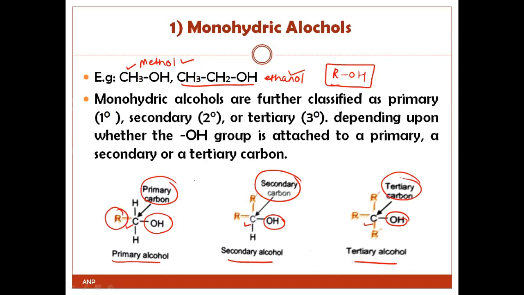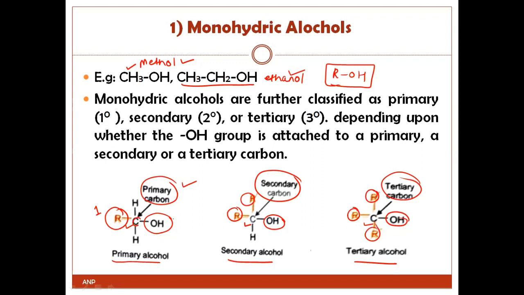Primary carbon atom means this carbon is attached to only one alkyl group, and hence it is called a primary carbon atom. Here two alkyl groups are present, so this carbon is called a secondary carbon atom. Here three alkyl groups are present, and hence this carbon is considered a tertiary carbon atom.